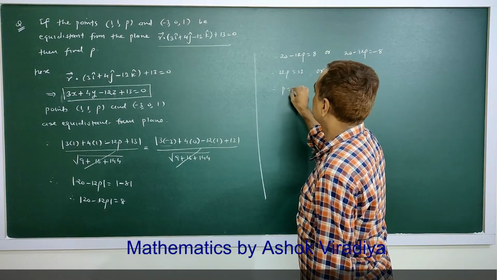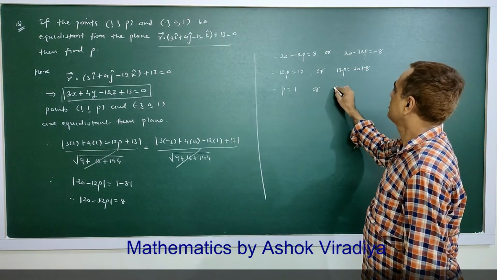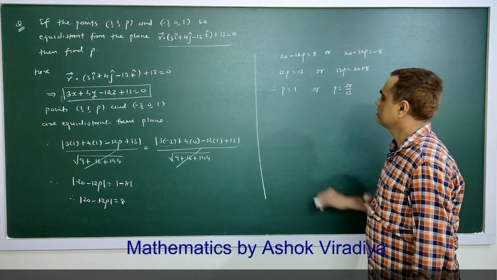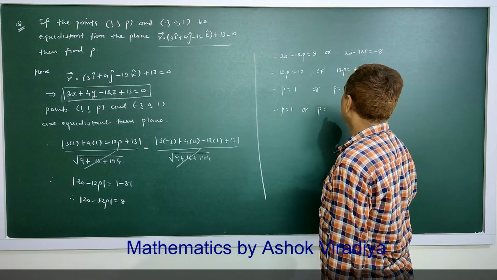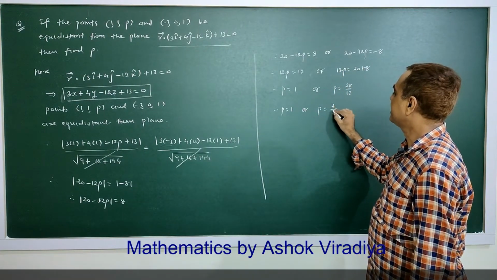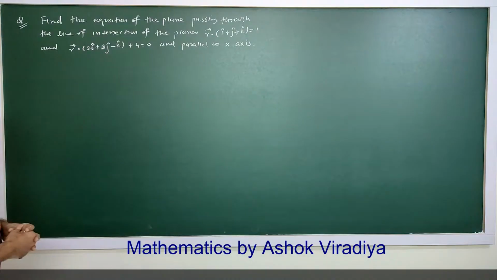So p is 1 or p is 28 by 12. So the value of p is 1 or p is, this is divisible by 4, so 7 4s are 28, 3 4s are 12. So these are the possible values of p.